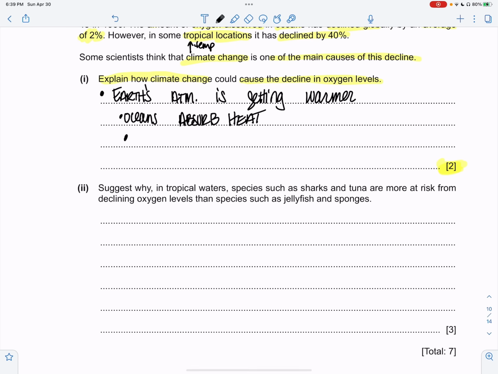And then there's a couple ways that this could cause less oxygen. So we could say O2 is less soluble in warm water.